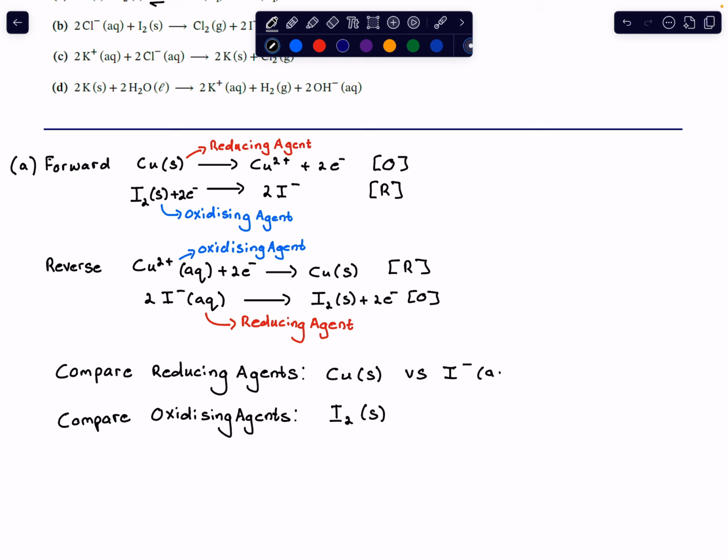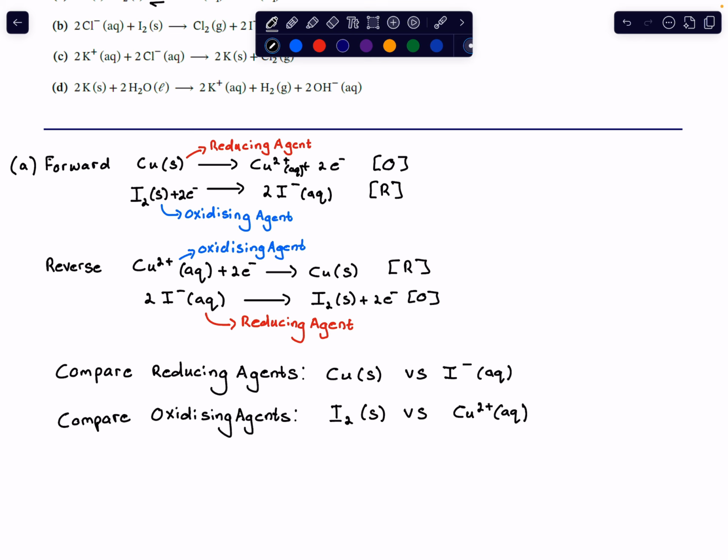Remember, this is aqueous, I forgot the aqueous here at the top. Iodine solid is our forward reaction champion, and for the reverse reaction, copper 2 plus is the oxidizing agent.